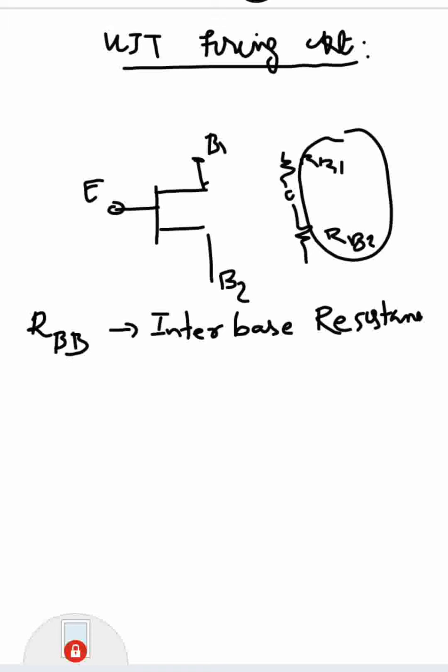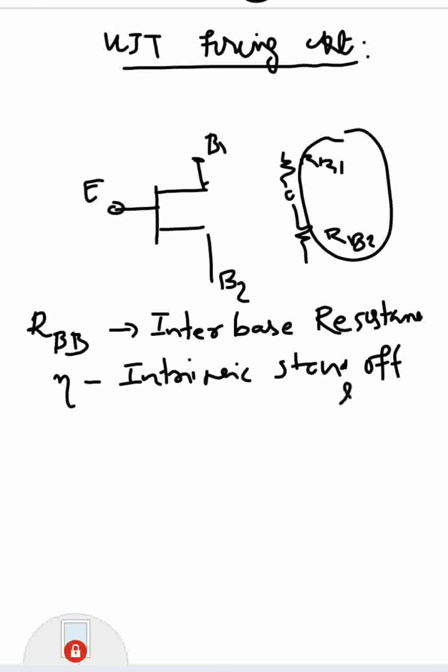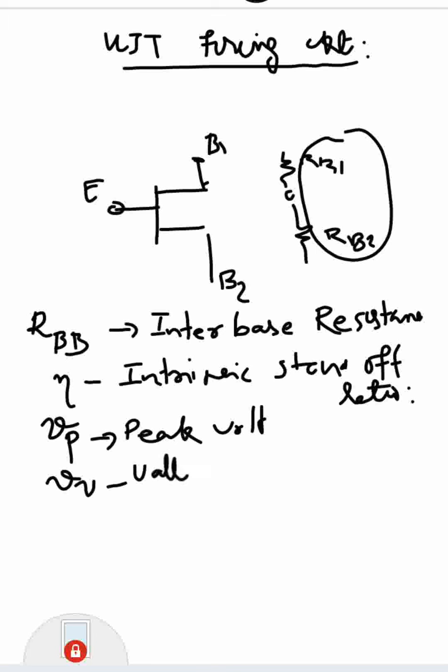Similarly, eta is called the intrinsic standoff ratio of the UJT. There are two other voltages called VP, the peak voltage, and VV, the valley voltage.